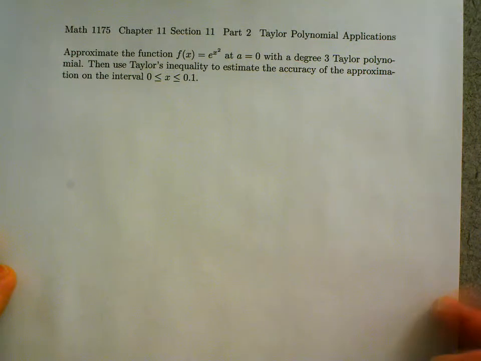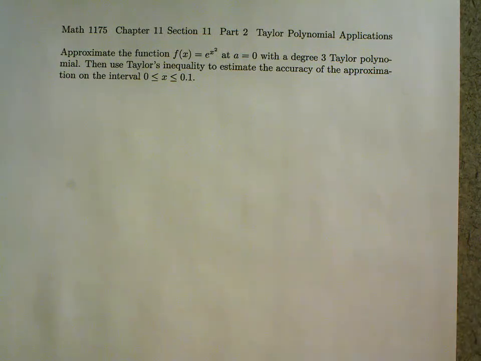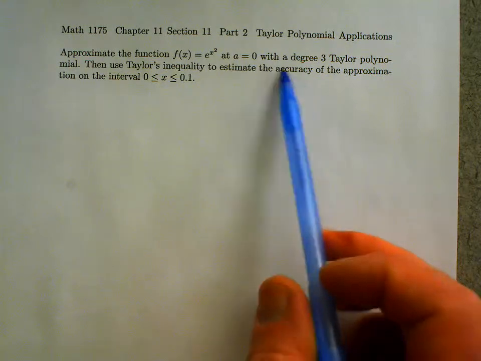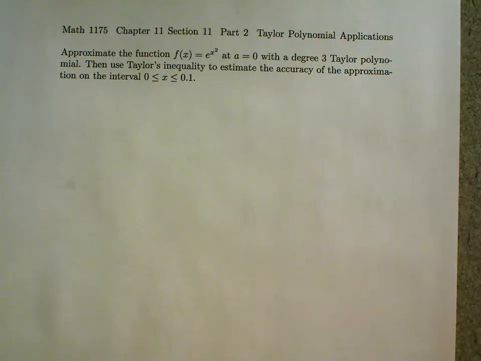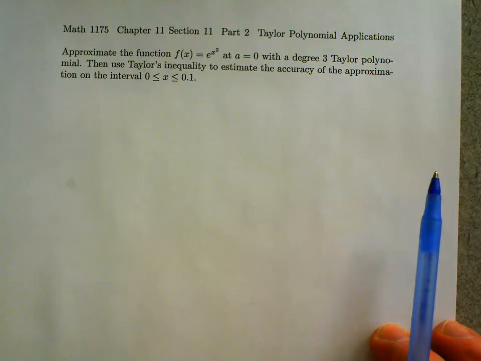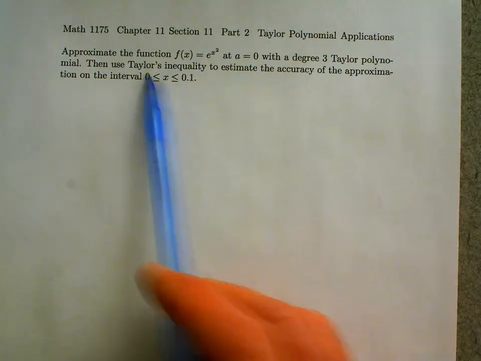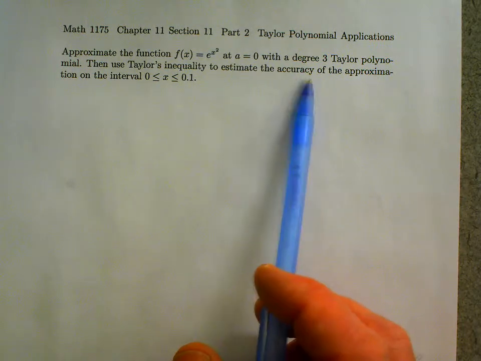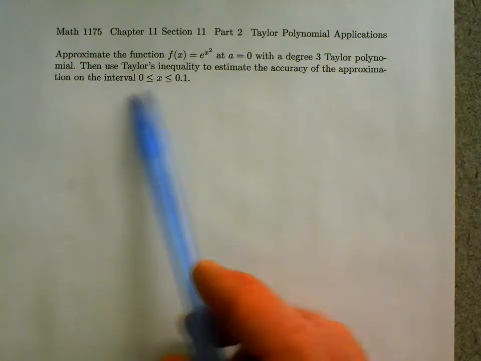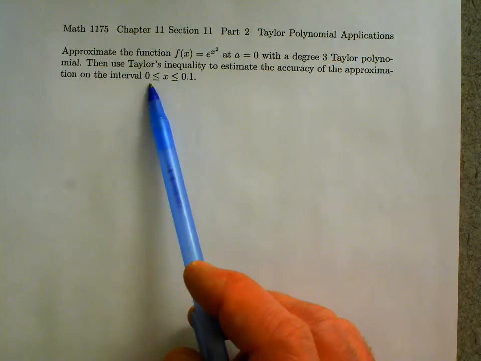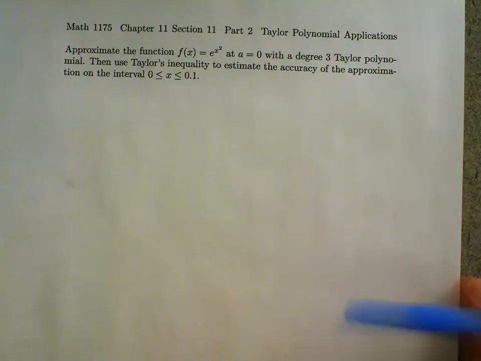So this time, approximate the function f of x equals e to the x squared at a equals 0 with a degree 3 Taylor polynomial. Then use Taylor's inequality to estimate the accuracy of the approximation on the interval from 0 to 0.1.